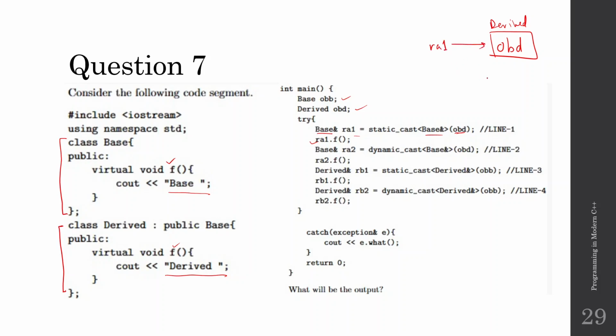It is a reference to obd. Now since f is a virtual function and array1 is actually pointing to a derived type object, it will call the f function of the derived type. So in the first line the answer will be derived.